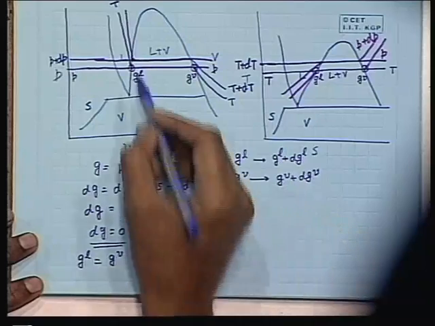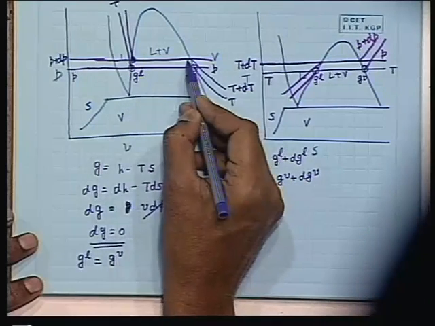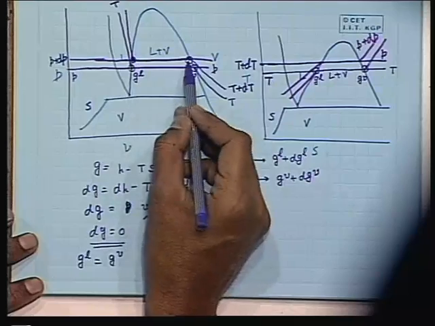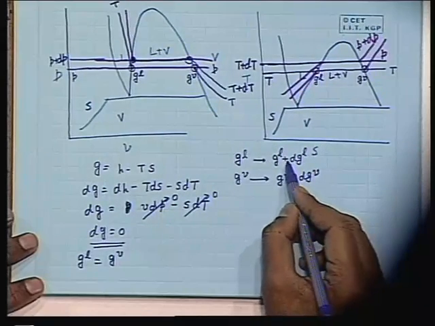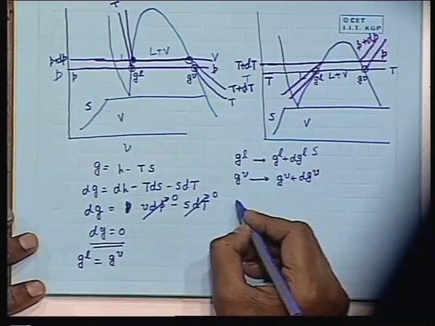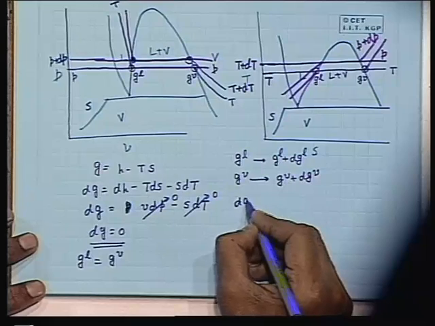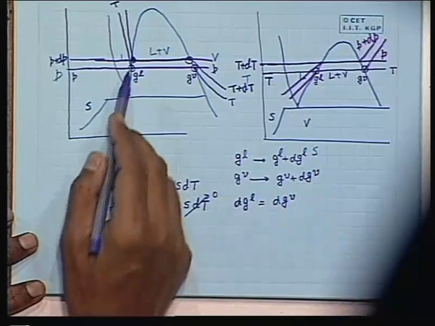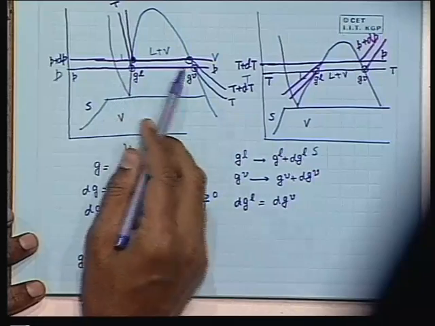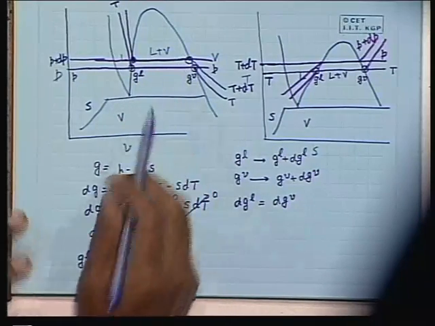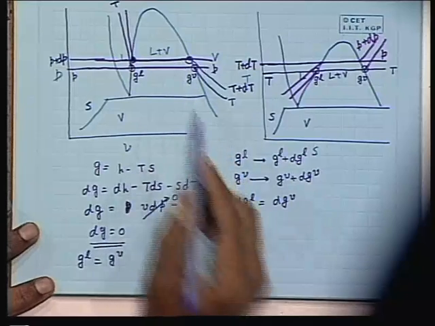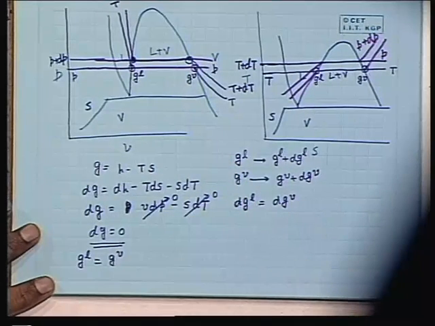Again they are equal because at this point this G and this G, that means the Gibbs function for the saturated liquid and the saturated vapor, are equal. That means one can write therefore dGL, which simply means the change in the Gibbs function for the liquid state, will be the same as that for the vapor state, so that they again become equal if the states are saturation states.